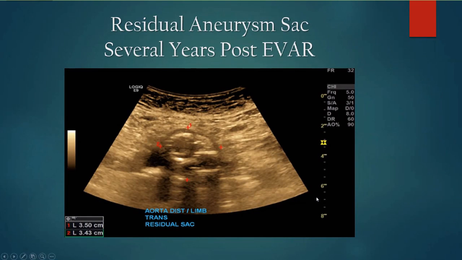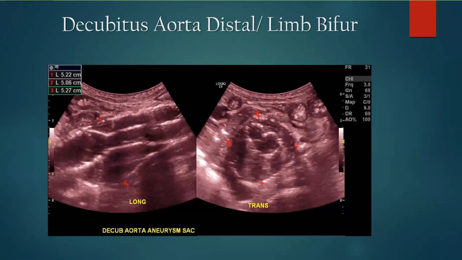Your largest measurement on these studies, when they're several years out, the aneurysm sac is going to be at the limb bifurcation. That's where you're going to see maybe a little bit of residual aneurysm sac. If you're a little bit higher, it's just going to be attached to the main body of the graft.